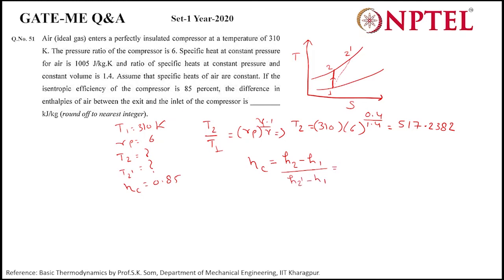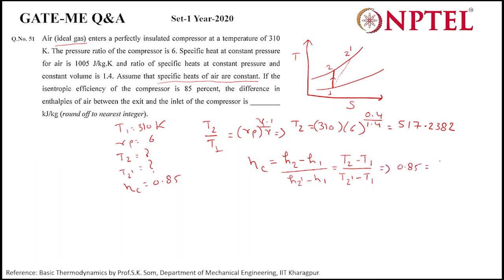Here air is considered an ideal gas, so for the ideal gas, enthalpy is a function of only absolute temperature, and Cp for the air is considered constant. So all Cp will cancel out and it will become only a function of temperature: T2 minus T1 divided by T2 dash minus T1.